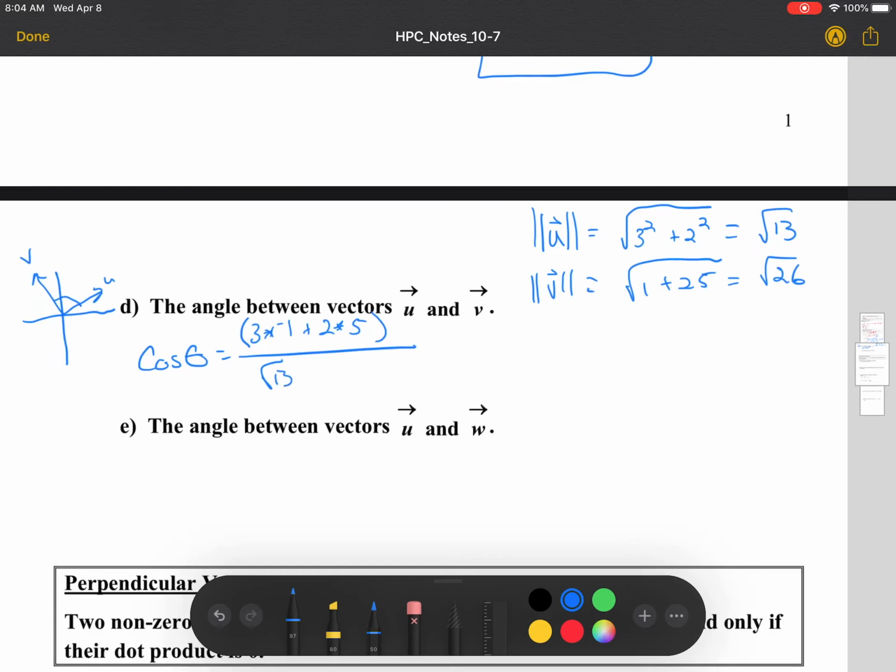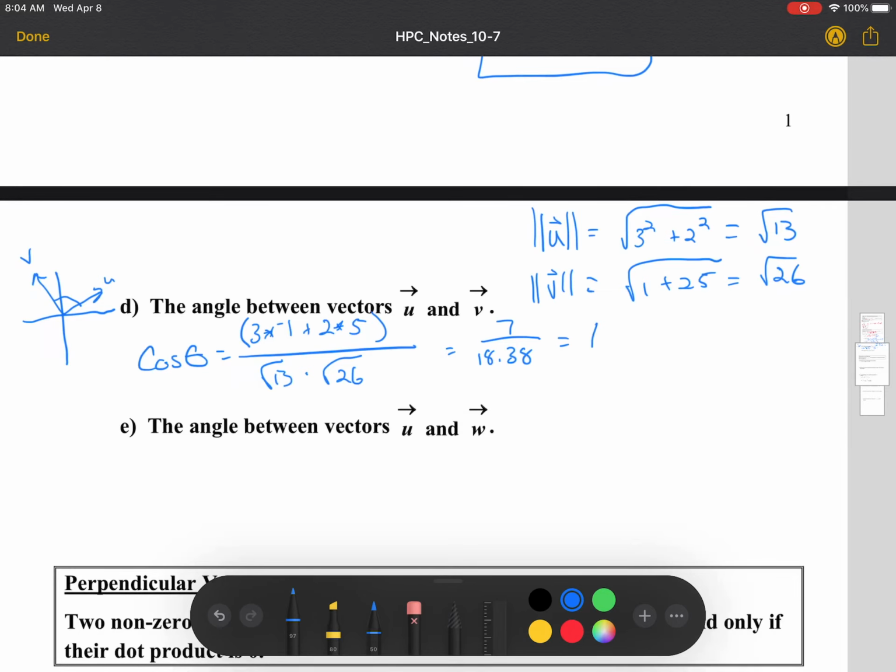Okay, so we're going to plug those in. Our square root of 13, right? I'm just taking the norm of these vectors. Those are just those norms, or the R value, if that makes more sense to you. From here, on the top I got 7. On the bottom, plug that in your calculator, I got 18.38.